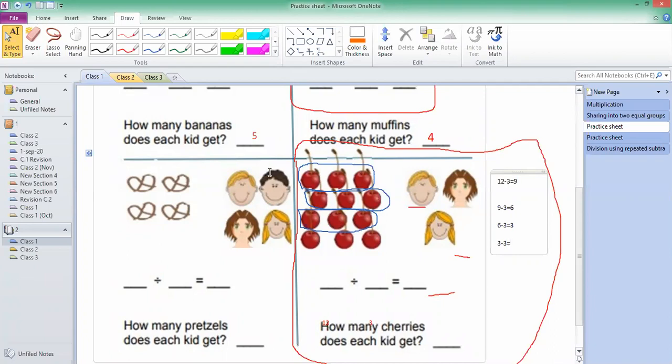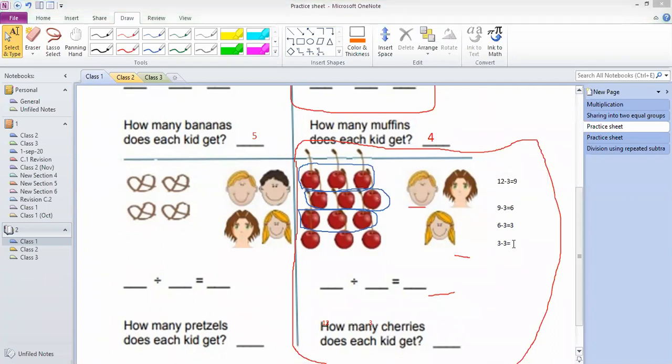Right, guys. 3 minus 3 equals 0. When you subtract 3 one more time, you will reach 0. Remember, we learned that in repeated subtraction, we subtract until we reach 0.